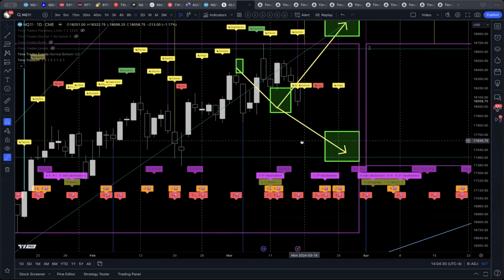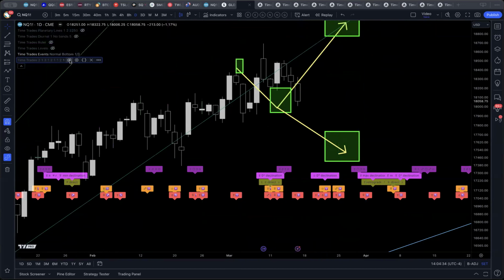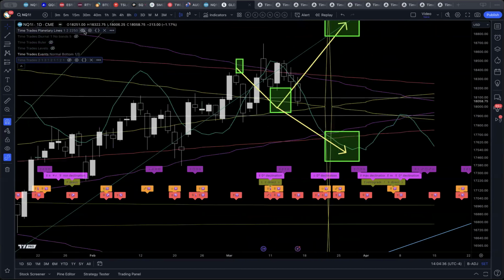Let's take a look at our speed index here. We're going to close the time trades indicator, and turn on planetary lines and see what the speed index can tell us. We've got this steep decline in speed index here, and that was really the basis for this bidirectional forecast last week.